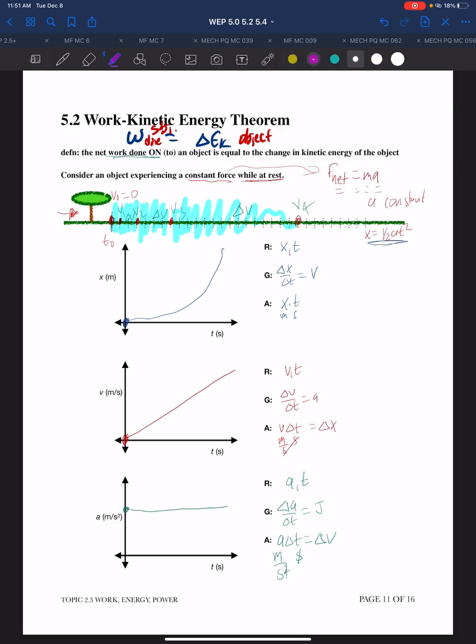Well, if we look at the change in kinetic energy here from 0 to 1, and we look at the change in kinetic energy from 1 to 2, and 2 to 3, and 3 to 4, we can see that the total kinetic energy, which goes from time 0 to time 4, is going to be equal to the sum of the change in kinetic energies of times from 0 to 1, 1 to 2, 2 to 3, and 3 to 4.